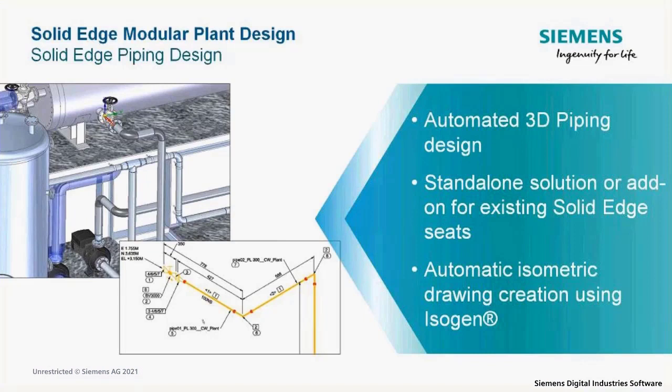This can be something that can be added on for those people that already have an existing Solid Edge license, and then when they want to expand the capabilities, or it could be for people that don't yet have Solid Edge and need to expand out into the present day of technology to be able to start creating these 3D digital twin environments. Okay.